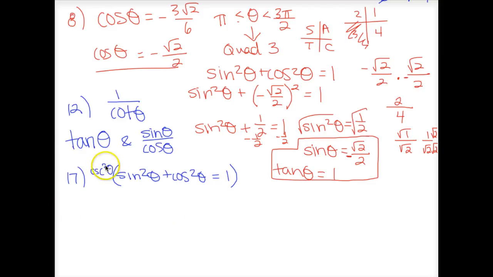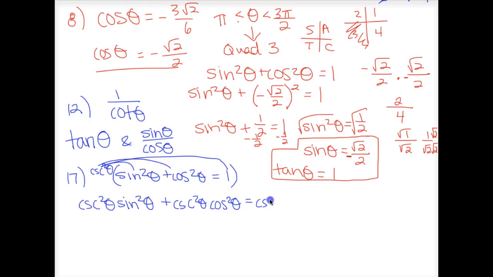So first thing I need to do is actually perform that multiplication. So multiply all 3 terms by cosecant squared theta. So that gives me something that looks like this. And then I'm going to make some substitutions. I know that cosecant is the reciprocal of sine.